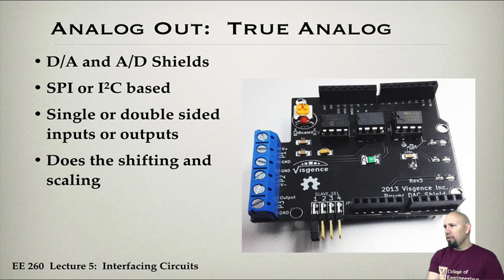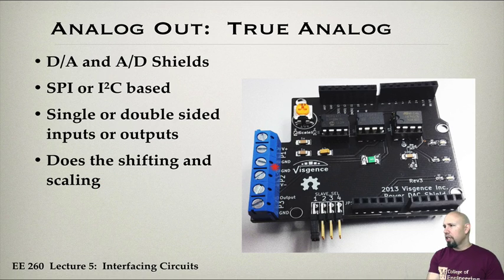Okay, and so the shields can do either single-sided or double-sided inputs or outputs. What that means is you could have your output voltage be from 0 to some voltage, like 0 to 12 volts, or you can do plus or minus 10 volts, plus or minus 12 volts. That's double-sided. These kinds of circuits will generally do the shifting and scaling.